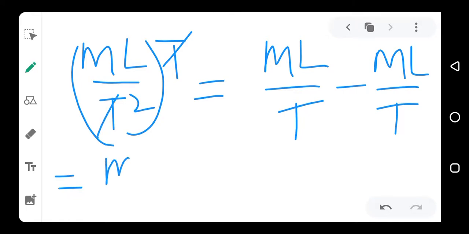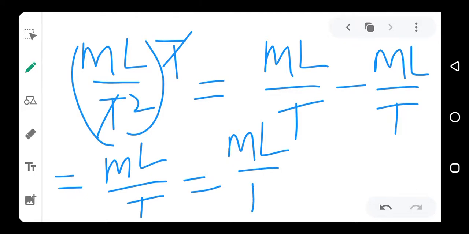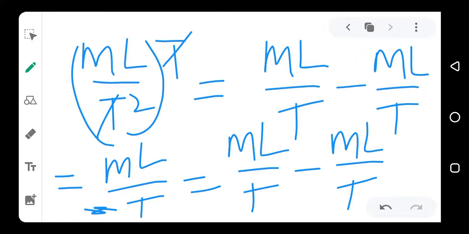Then we have ML over t, with one t remaining down here, equal to ML over t minus ML over t. So we see that everything is now the same. We have ML over t here, ML over t here, ML over t here. So the equation is correct. It's now verified.